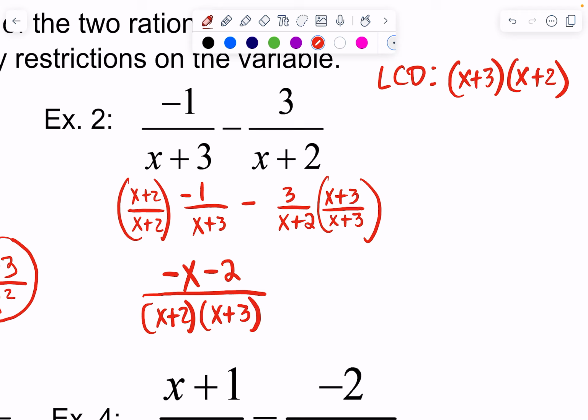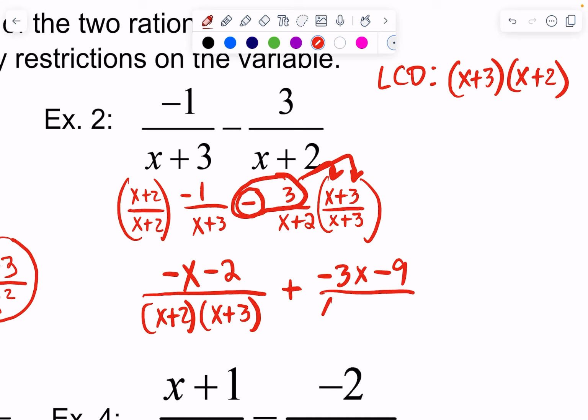And then remember that this is a negative here. They're subtracting. So you're really going to have to distribute the negative 3 here to everything over here, the x plus 3. So this becomes plus negative 3x minus 9 over x plus 2 times x plus 3.